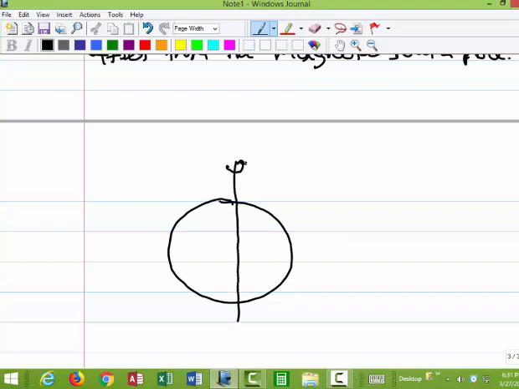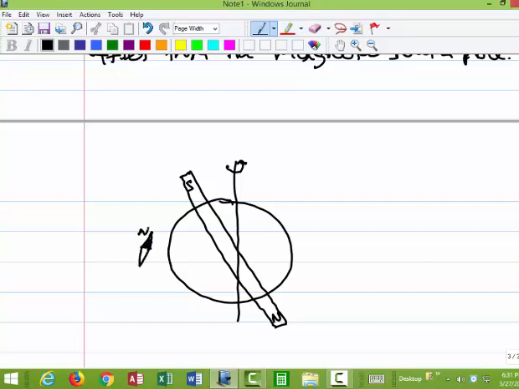Here is a picture of the Earth. Let's draw the Earth. This is the geographic north, and this is the axis of rotation of the Earth. You can think of the bar magnet as pointing along the Earth like that. So this is the north portion, and this is the south. If we take a compass, the north needle of the compass points to the geographic north, which is the magnetic south.